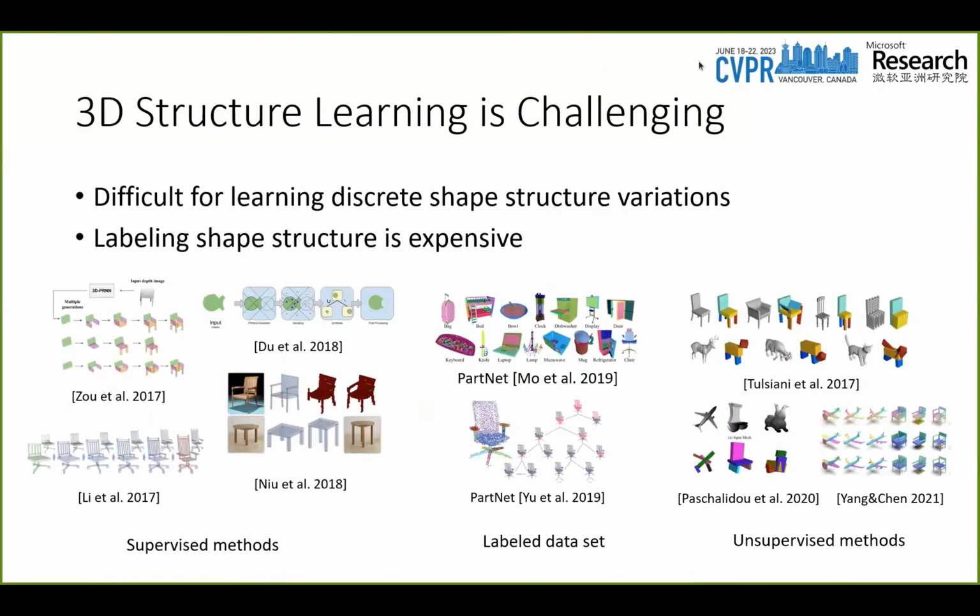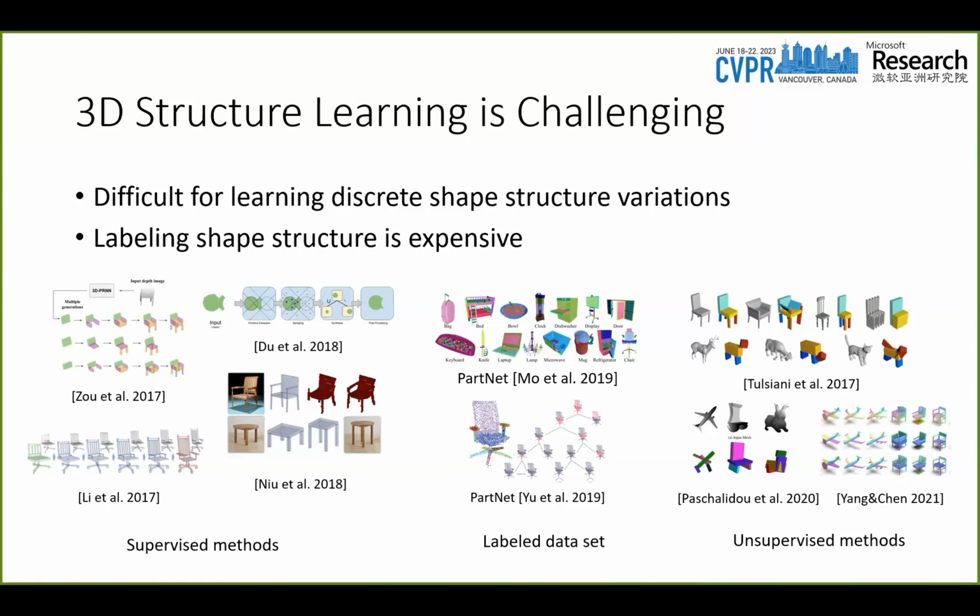However, learning the structure of 3D shapes is also a very challenging task. 3D shapes in one category have diverse structures, and the space of all shape structures is discrete but not continuous, which is difficult to learn. Moreover, labeling the structure of 3D shapes is a labor-intensive process, which makes the amount of labeled data for training quite limited.